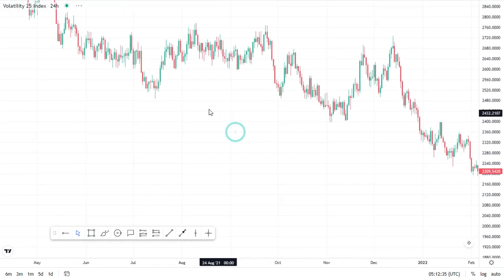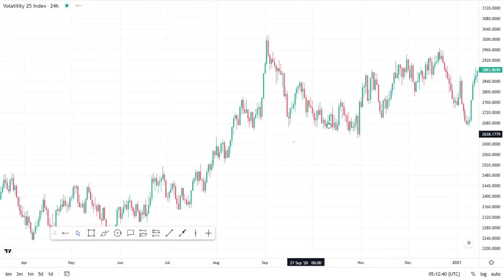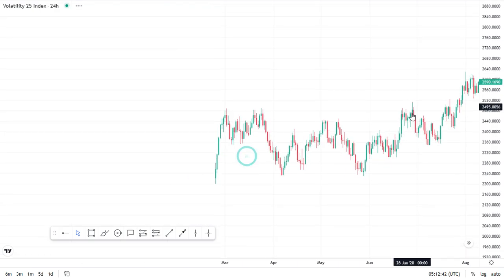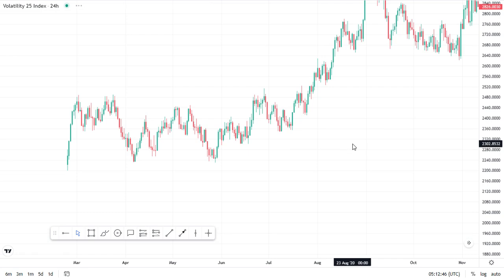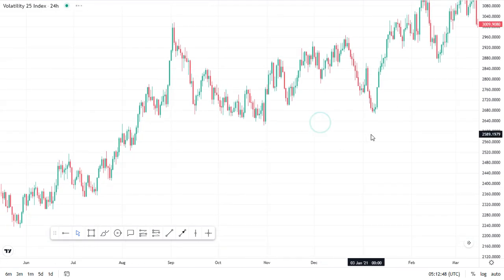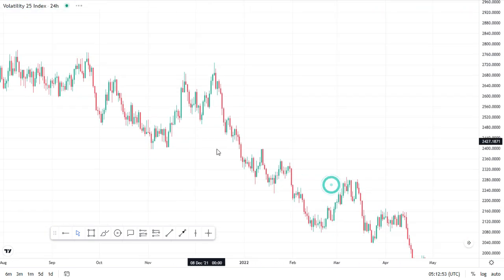I'm trying to see if I can get one example of a head and shoulders pattern, or an inverse head and shoulders pattern, on this chart. But you get the concept anyway.